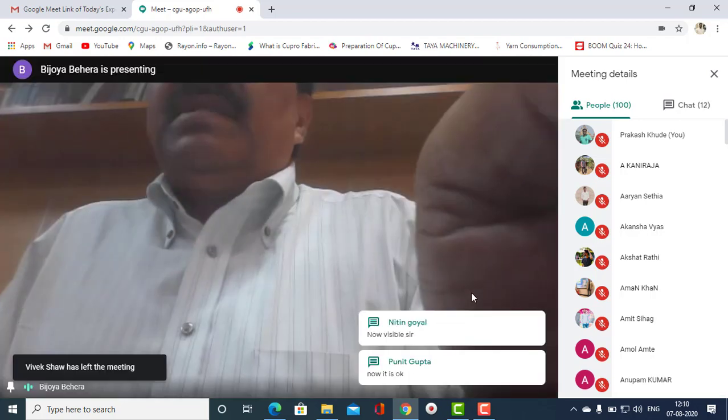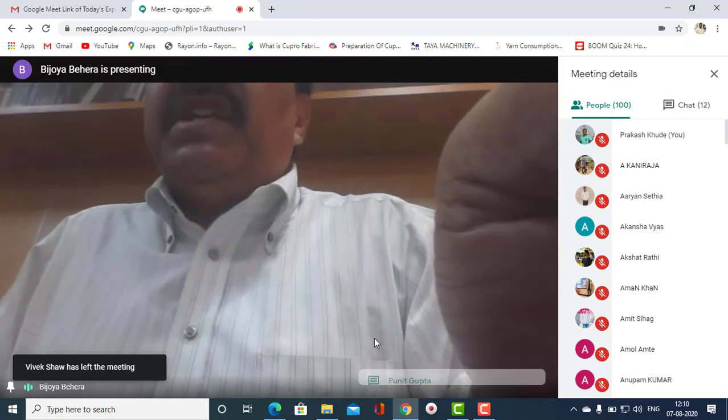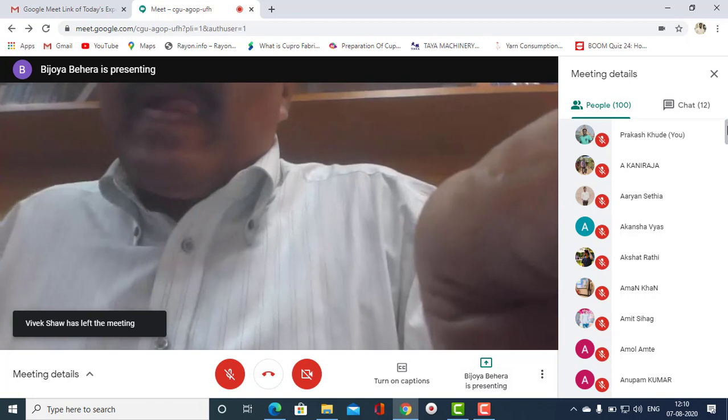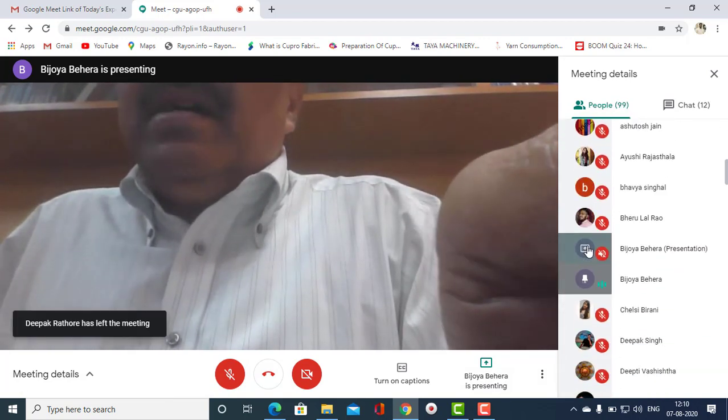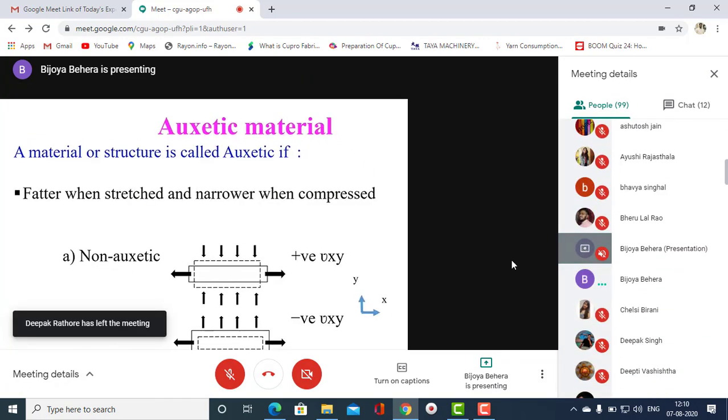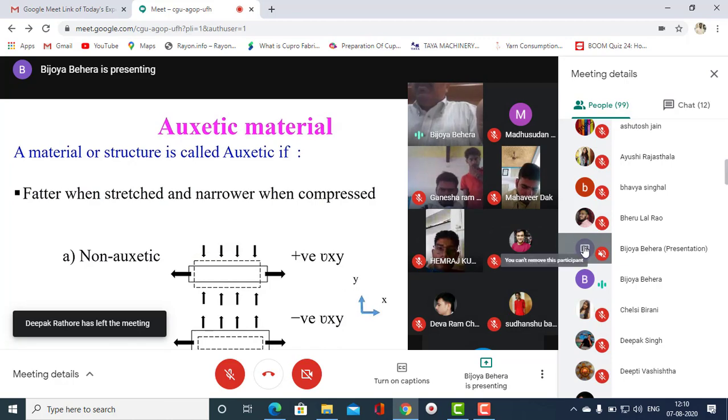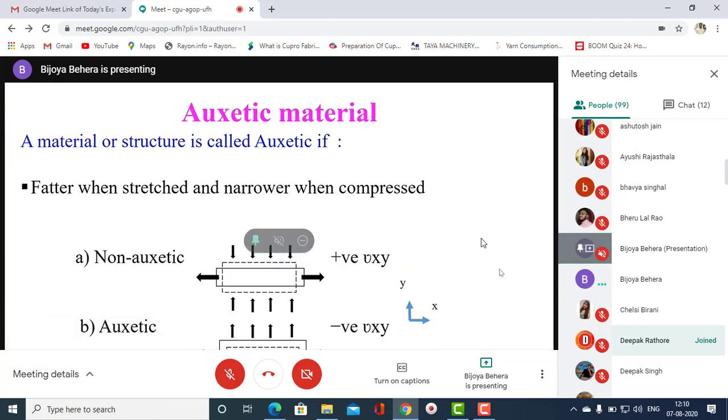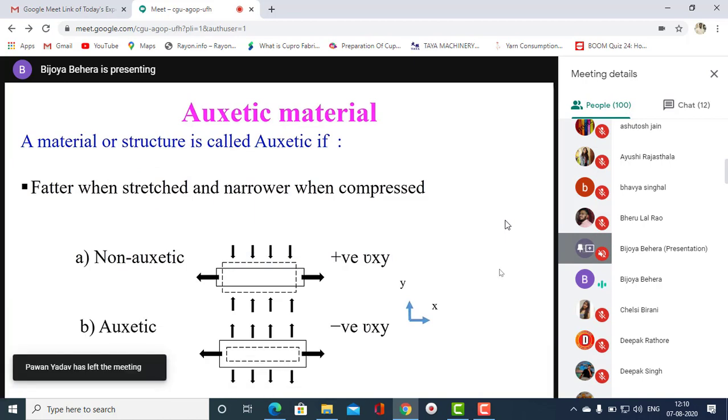So to start with, this slide shows a definition of objective material. Normally, you might have observed when we carry out a tensile test of a woven fabric, when you try to elongate the fabric in warp direction, it contracts in weft direction. And this is what happens with all conventional or normal material.